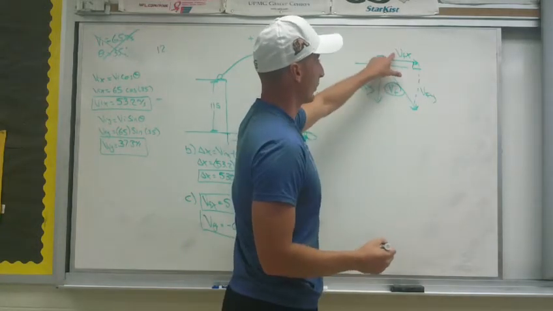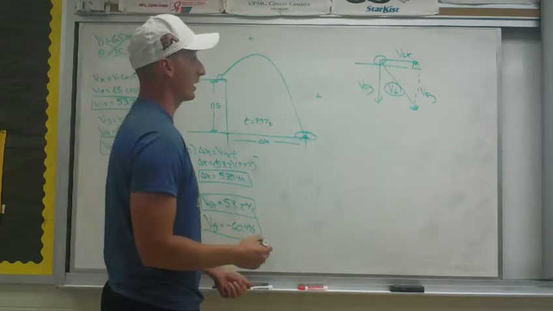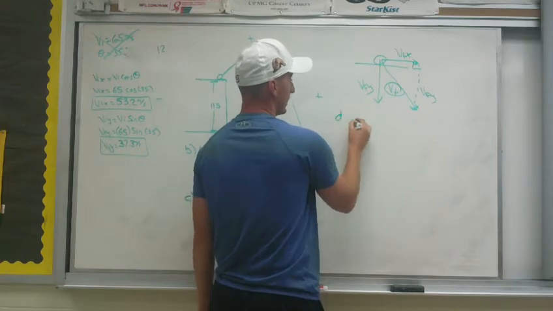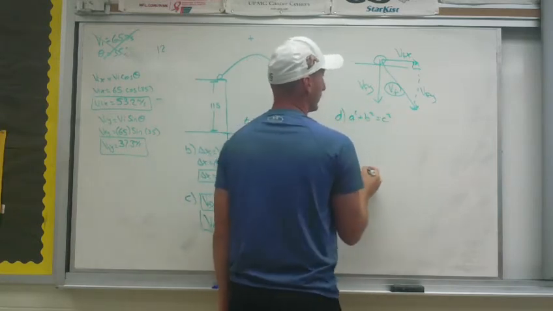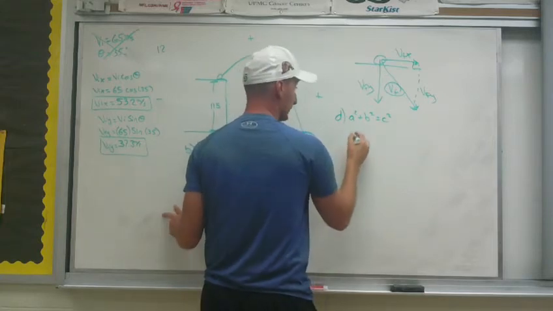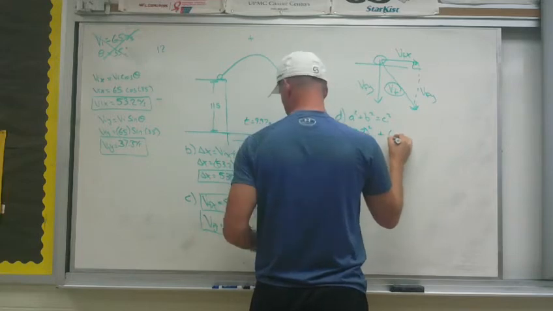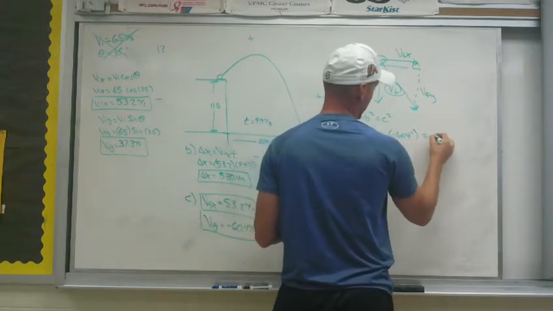Well, if you look here, we have two sides. We know these values. VFX is 53.2, and that's there. So to find the third side, all you have to do, what's this, D, is a squared plus b squared equals c squared. All right, VFX is 53.2 squared plus b is negative 60.4 squared equals c squared.